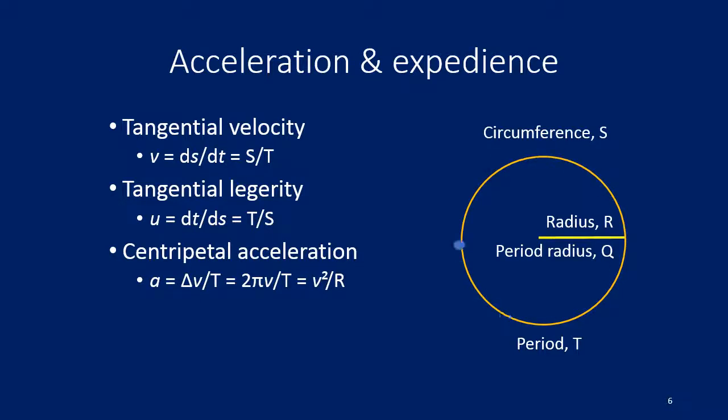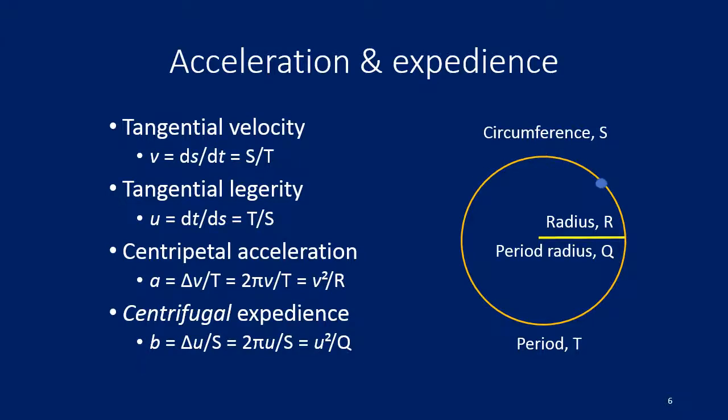The centripetal acceleration is defined, centripetal means toward the center, as a, which is the change in velocity per time, which is the time period. And when you expand that out to the circle of 2 pi, the velocity divided by time, that equals the velocity squared over the radius, a famous equation.